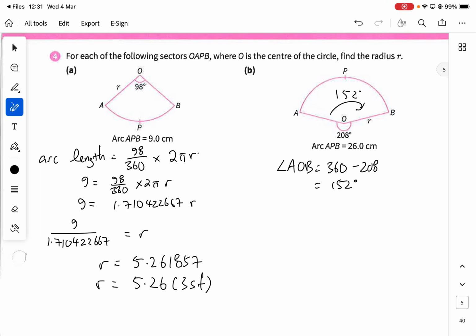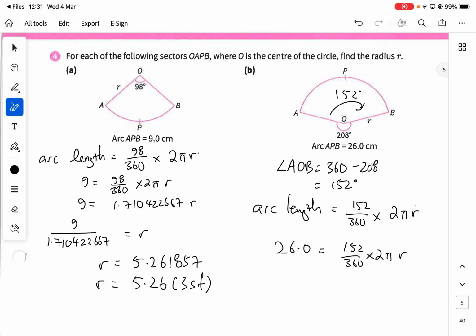So if I want to find R, I divide 26 by 2.6529. So R is equal to 9.8005. Okay? 3 significant figures, 9.80. Can? Yay, well done.